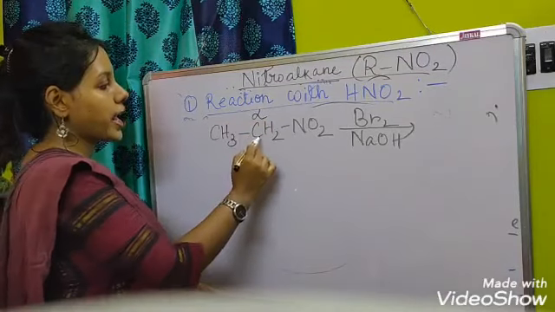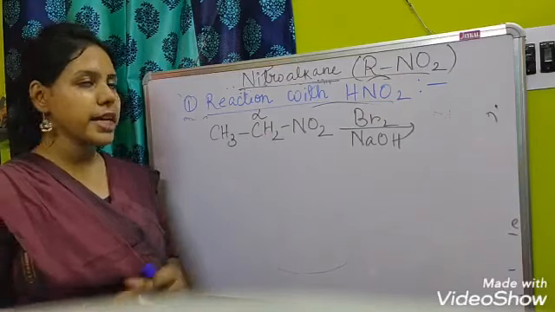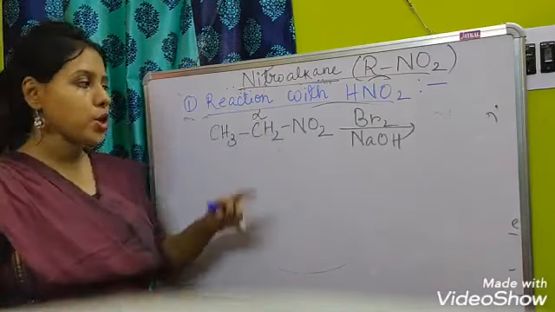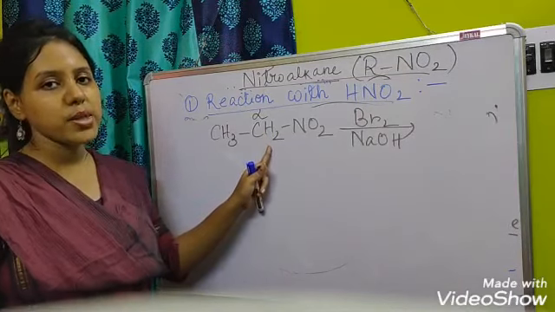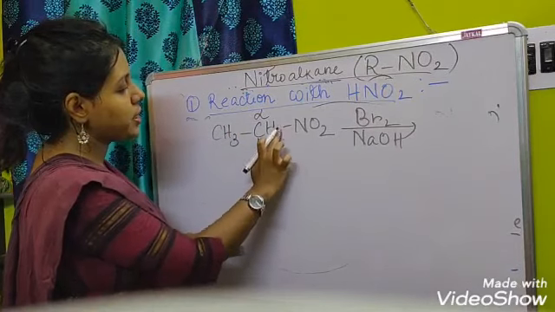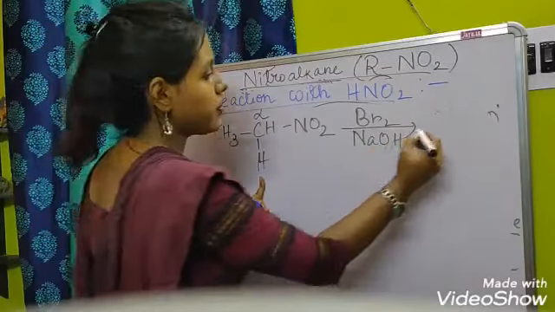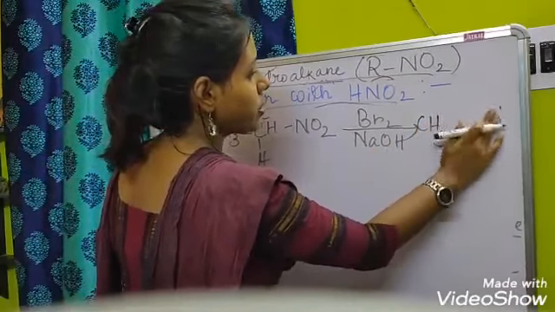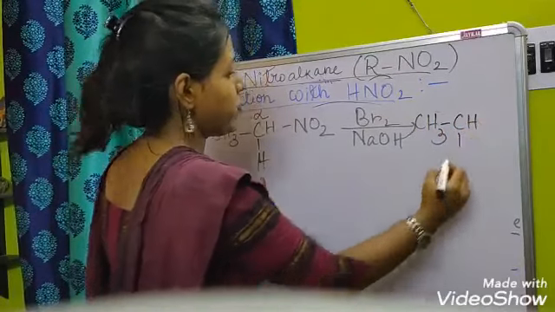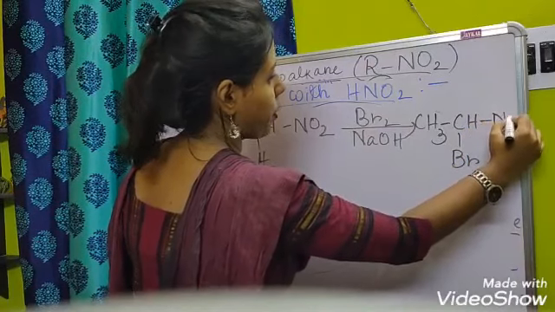First of all, there are two alpha hydrogen atoms present in this nitroethane, right? Two alpha hydrogens are present. So initially one alpha hydrogen will be substituted. Suppose I am writing the hydrogen here. So initially one hydrogen will be substituted, forming CH3 single bond CH with substitution by bromine.